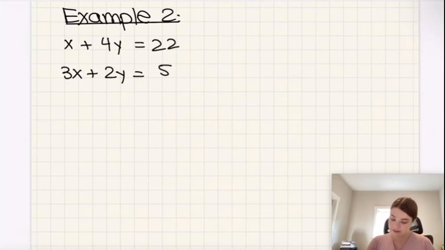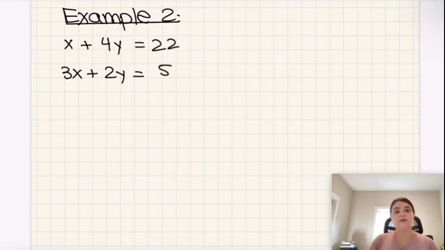Example 2. x plus 4y equals 22. 3x plus 2y is 5. So you might notice that we don't really have anything we could add or subtract that would actually eliminate a variable. I could add these equations or I could subtract them, but neither of those things will actually eliminate a variable.